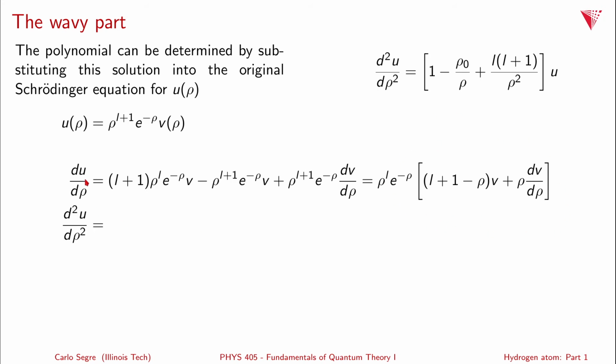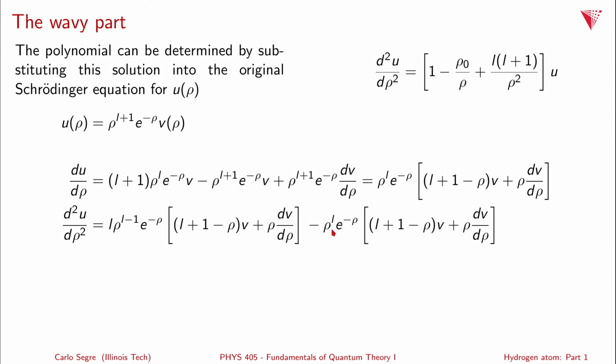I now want to take the derivative of this to get the second derivative of u with respect to rho. Well, that's going to involve 6 terms. So the first term is going to be L times rho to the L minus 1 e to the minus rho times the stuff in the square brackets, L plus 1 minus rho, all quantity, times v, plus rho times dv d rho. Then I take the derivative of the e to the minus rho, so I get a minus rho to the L e to the minus rho with the same stuff in the square brackets.